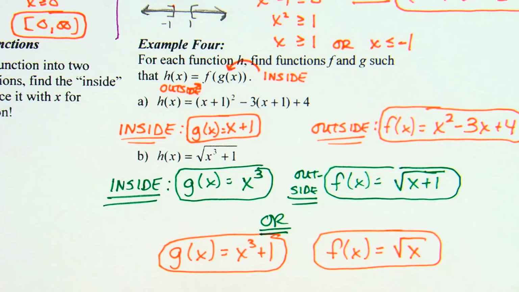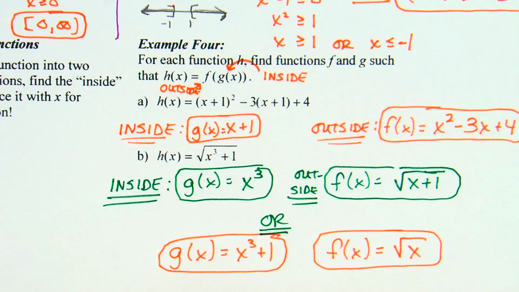And here's the thing: when I put this on a quiz or a test, I have my main answers on the answer key. If there's 2 obvious answers to me, I'll put them both there. Now, if you try and do something different from me, here's what I always do: I try it. I'm never just going to mark it wrong and say, oh, it's different than mine. If it legitimately goes back together, then I'll give you the credit.